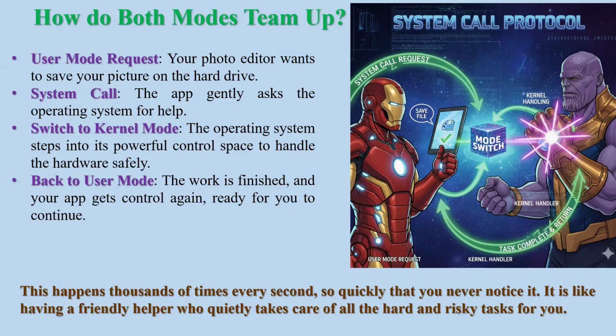The operating system temporarily switches into kernel mode, safely writes the data to the disk, checks permissions, updates file records, and completes the task. Once done, control is handed back to user mode and the application continues smoothly. This switching happens thousands of times every second, so fast that users never notice. It feels like a quiet helper doing all the risky work behind the scenes.